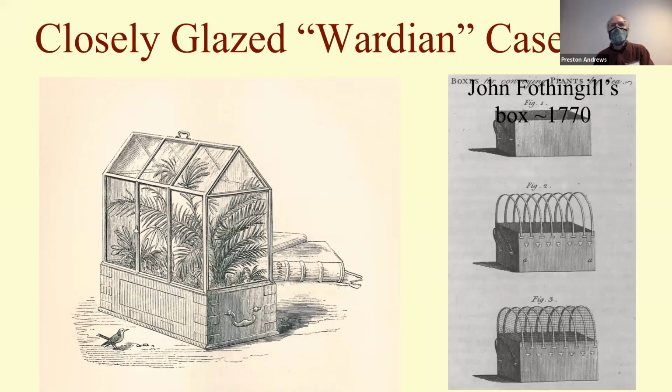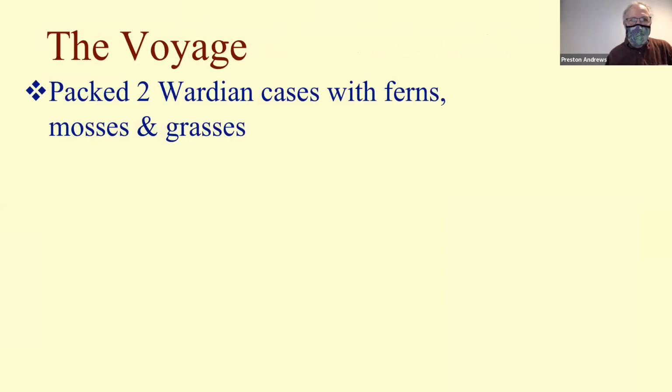Now, there had been earlier cases that were used, and here's one by John Bothingill, a box built in the 1770s. And you can see it's just a box with a frame over the top and then just mesh. It is completely open to the elements. And so many plants would not survive traveling at sea in that kind of a case. So the Wardian case. The voyage was not going to be a little voyage.